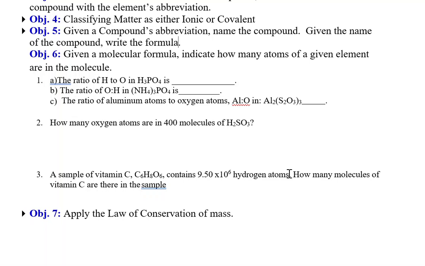But if I want to know how many molecules of vitamin C there are in that sample, I figure out, okay, if I have 9.5 times 10 to the 6th of them, and there are 8 hydrogen atoms for every 1 vitamin C, I'll take 9.5 times 10 to the 6th and divide that by 8, and see what we come up with.